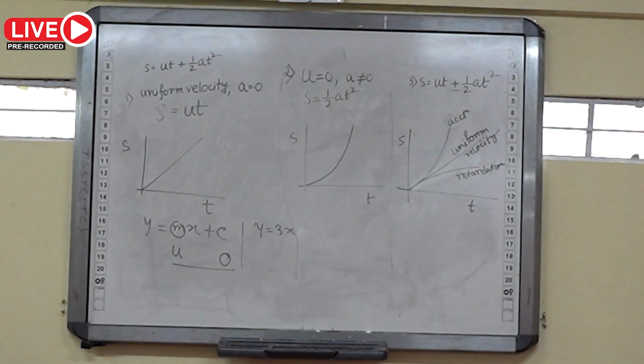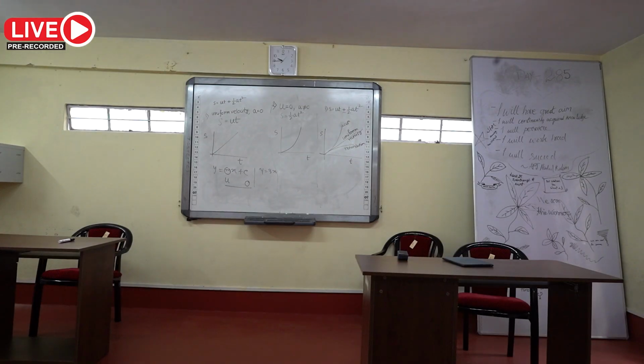Retardation means minus half at square will come. Is this concept clear to anyone? If you have any doubt at any point, you can ask.